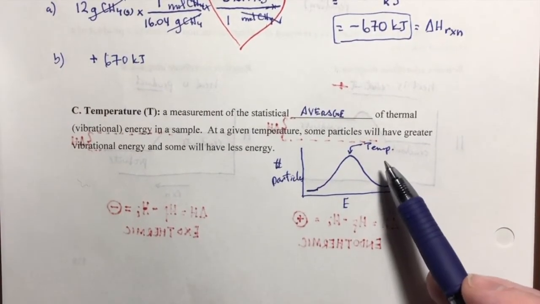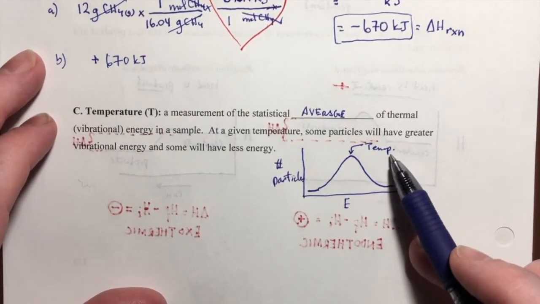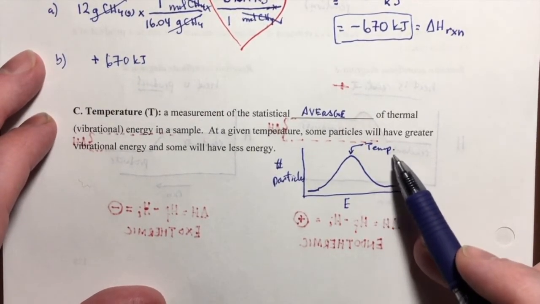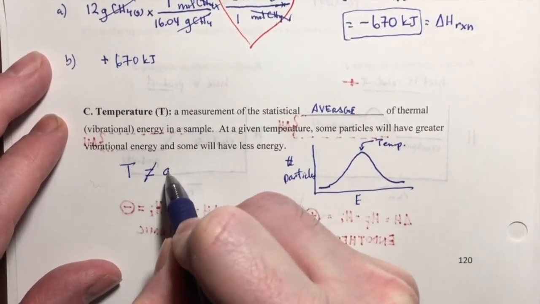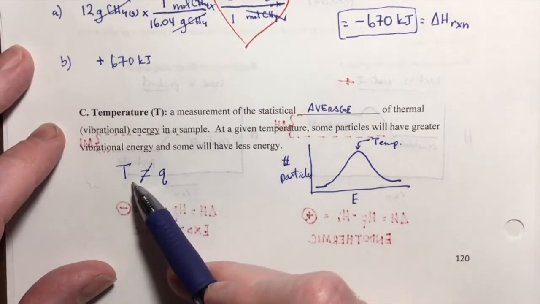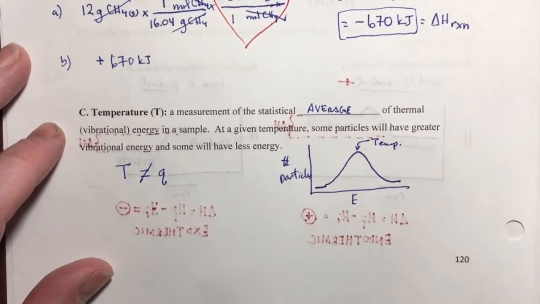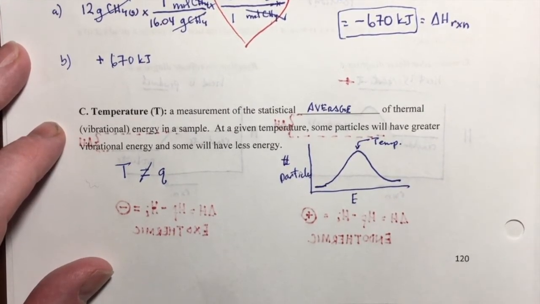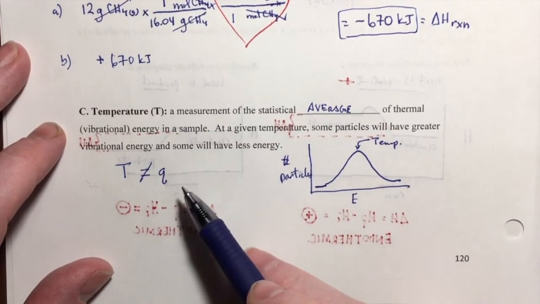I wanted to take a moment to remind you of that, because temperature is not the same as heat. Temperature is not equal to Q. Temperature and heat are not the same thing. They're closely related concepts, but mathematically we determine each one of them differently.